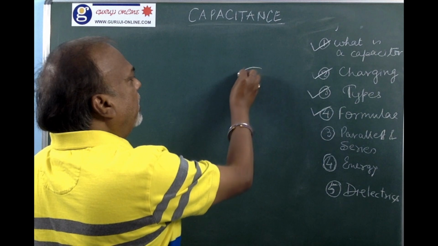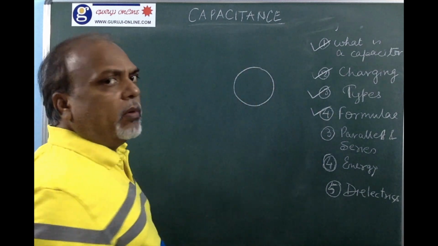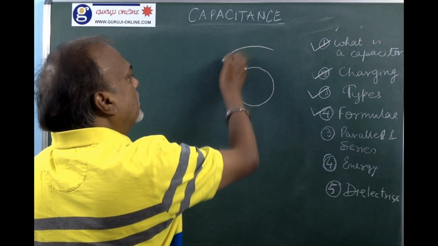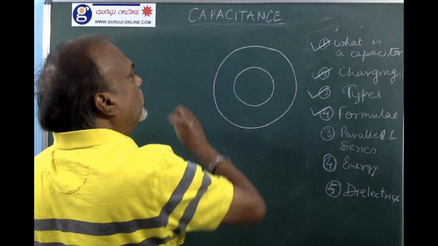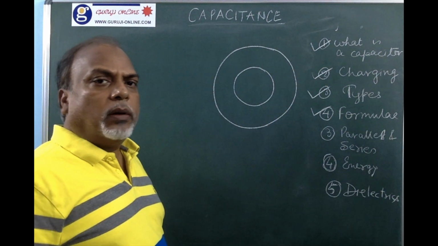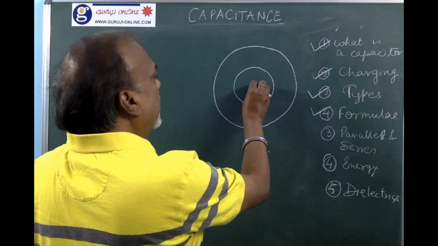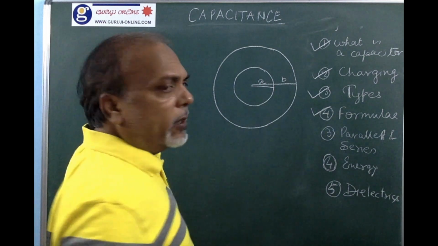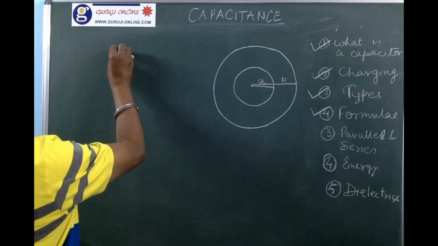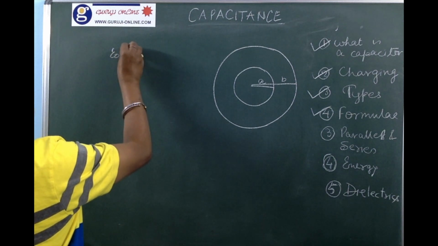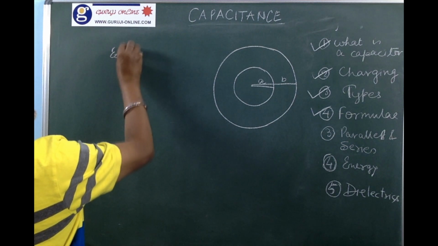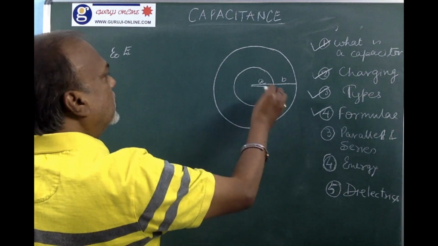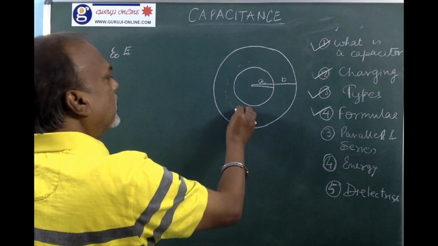A spherical capacitor, again, if you see the cross section, this is the inside sphere and this is the outside sphere, and in the same way it is A and it is B, correct? So here, Q enclosed equals epsilon 0 E into the surface area. Suppose this is the Gaussian surface.